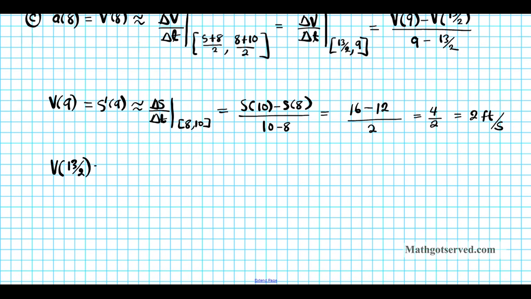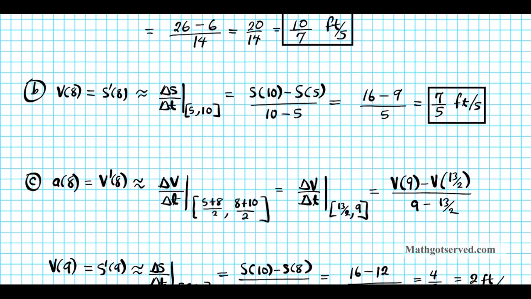All right, and then we also need V of 13 over 2. Instantaneous velocity at 13 over 2 is the same thing as the derivative of the position at 13 over 2. We don't have the function, so we have to use an approximation here. We're going to be approximating delta s over delta t evaluated on what interval is the question. So let's go back to the chart.